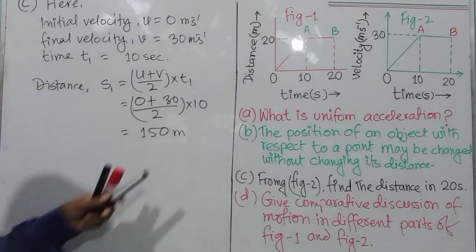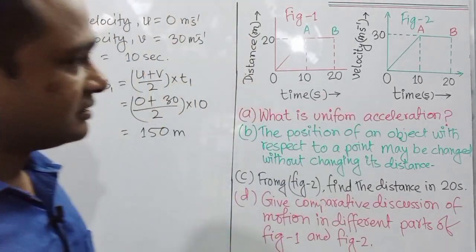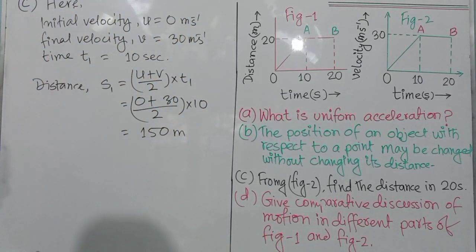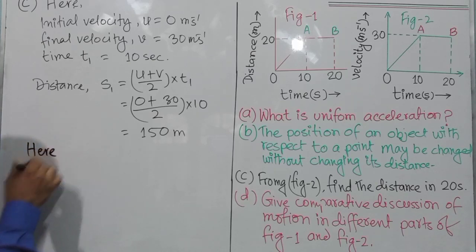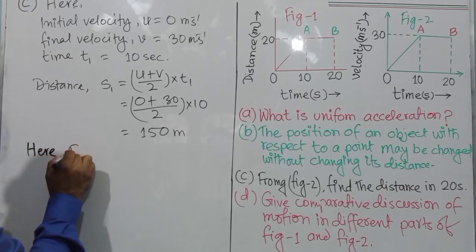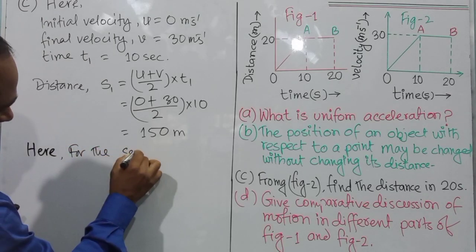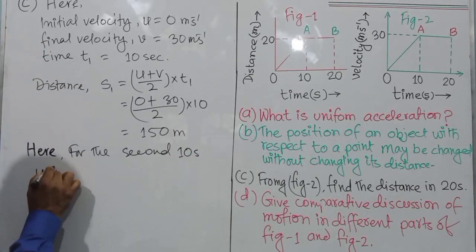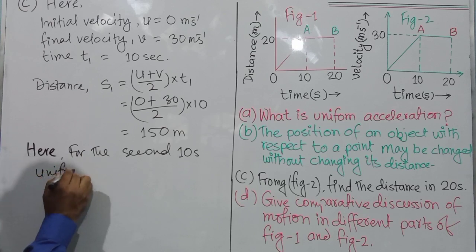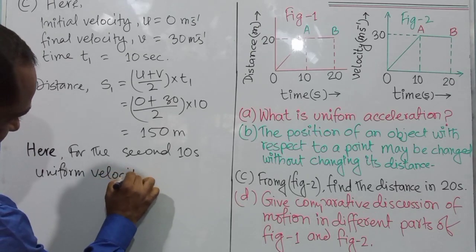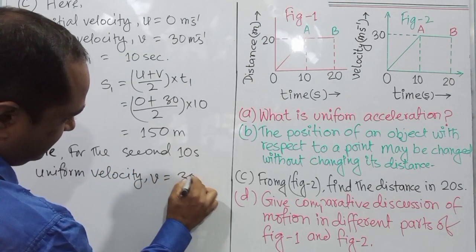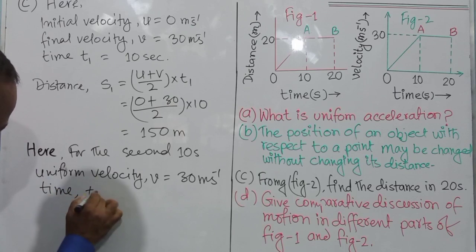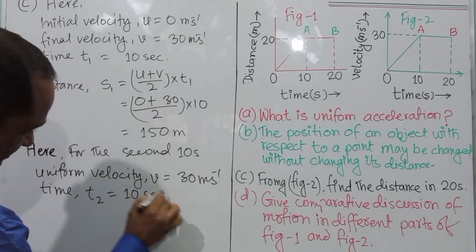Now we are going to calculate the distance for the second 10 seconds. For the second 10 seconds, uniform velocity V is equal to 30 meter per second, time T2 is equal to 10 second.